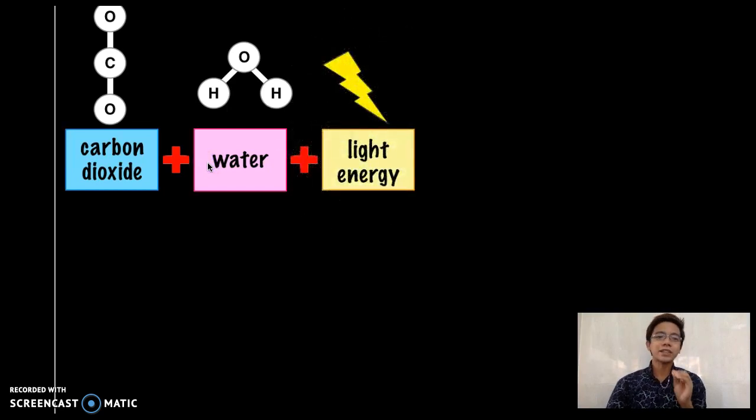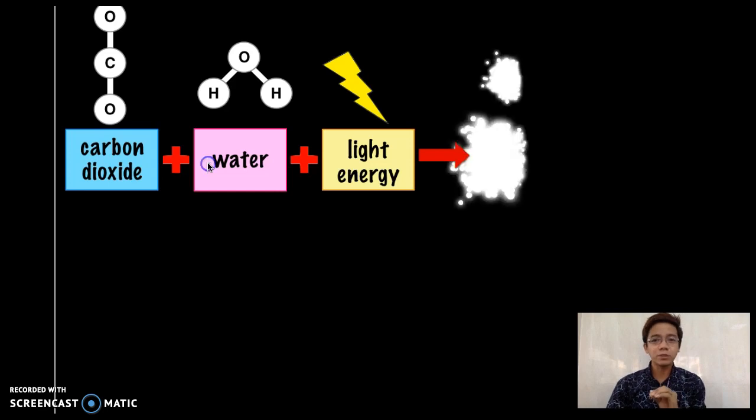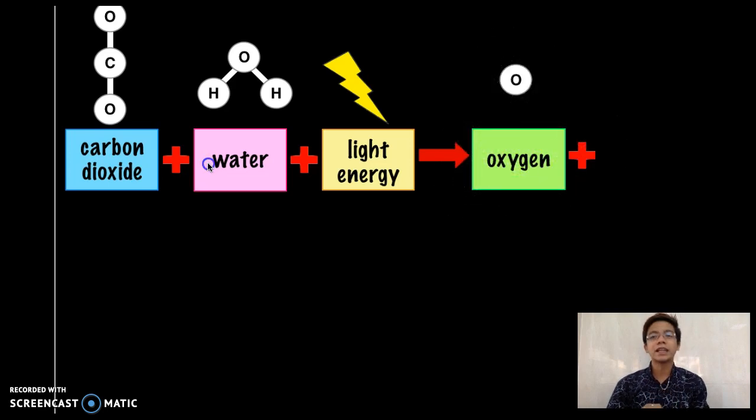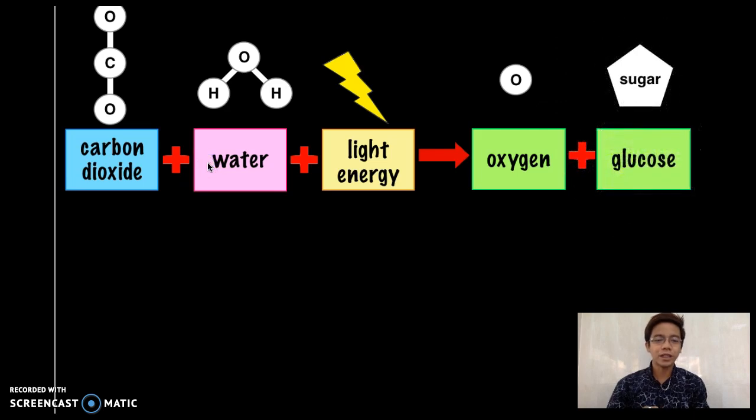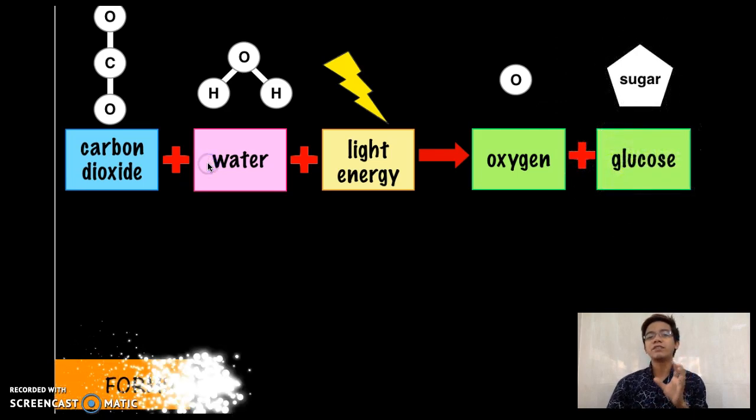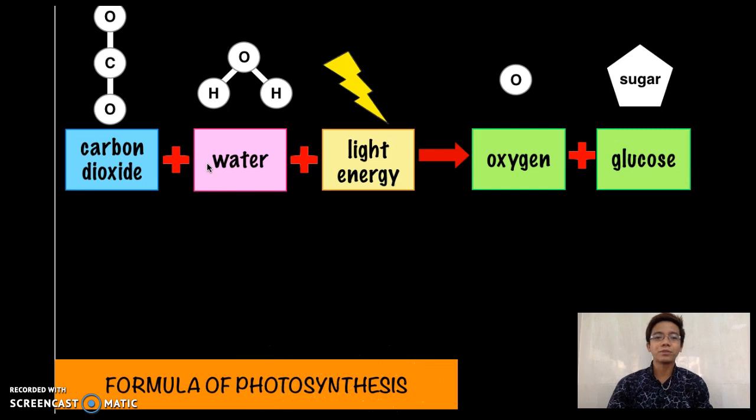Now, as these carbon dioxide, water, and energy are present, plants will be able to conduct photosynthesis, allowing them to produce oxygen and glucose. So this is the formula for photosynthesis.